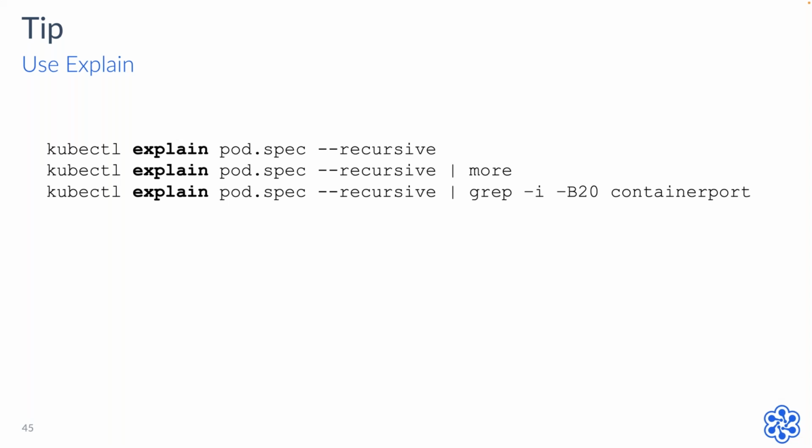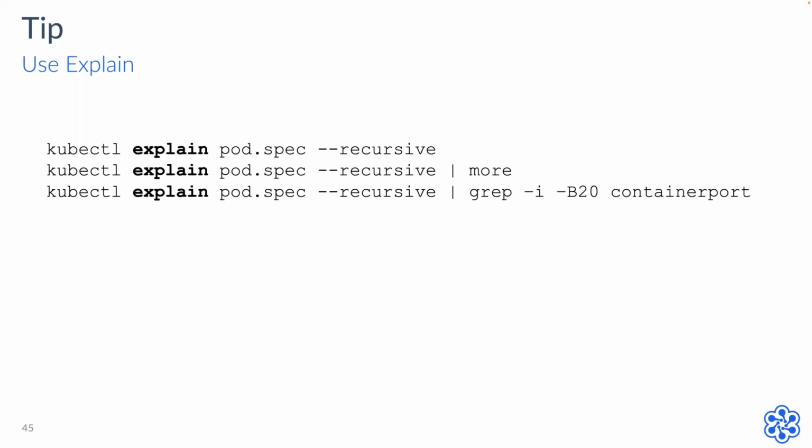Again, when you're using --recursive, it's very verbose. So it's sometimes useful to pipe out to more. I found it useful sometimes to pipe out to grep, and do a case insensitive search for the field name. In this case, I'm searching for containerPort. Doing a case insensitive search because I don't know whether the containerPort has port beginning with P or not.